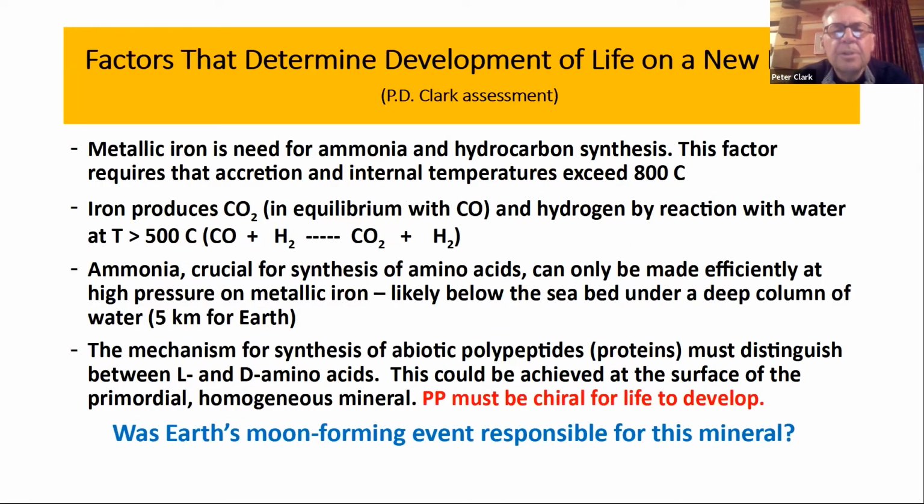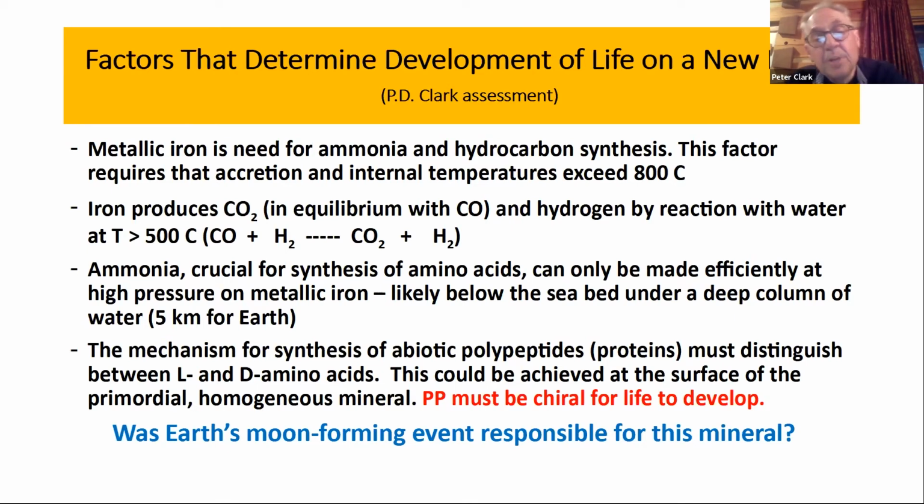Okay, so just a few slides to conclude here. These are my factors, and perhaps not just mine, that determine the development of life on a new planet. What I'm thinking is that you need metallic iron for production of ammonia and hydrocarbons. The reduction of iron oxide by carbon or carbon monoxide leads to formation of carbon dioxide. Ammonia is crucial for amino acids, so you must have a lot of ammonia.